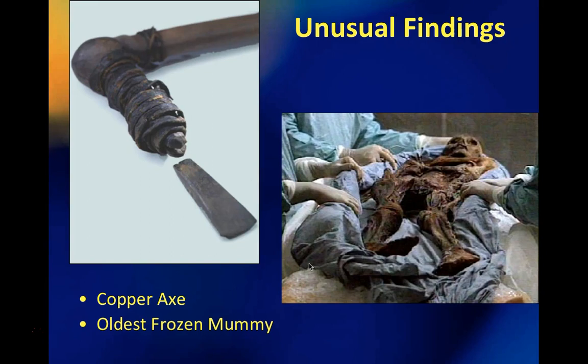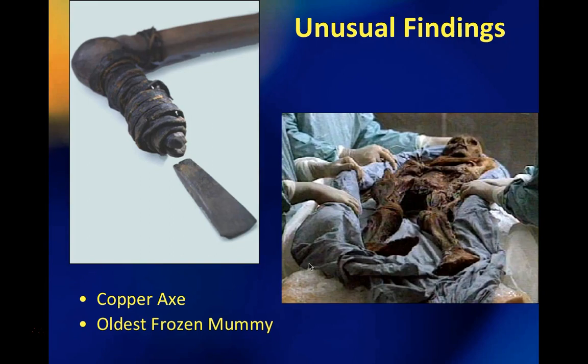But because it was in a frozen environment and it was preserved, even the leather bindings that held the blade in place attached to the handle were still present. So scientists were able to study how the axe itself was constructed.